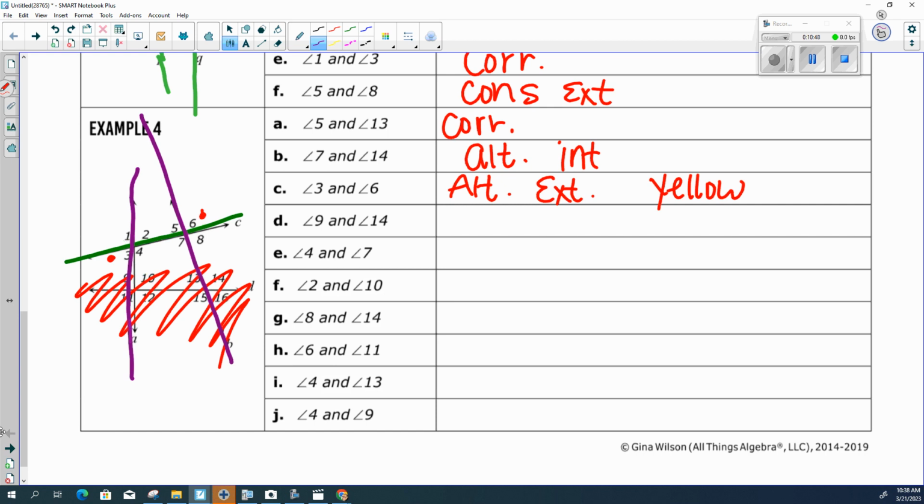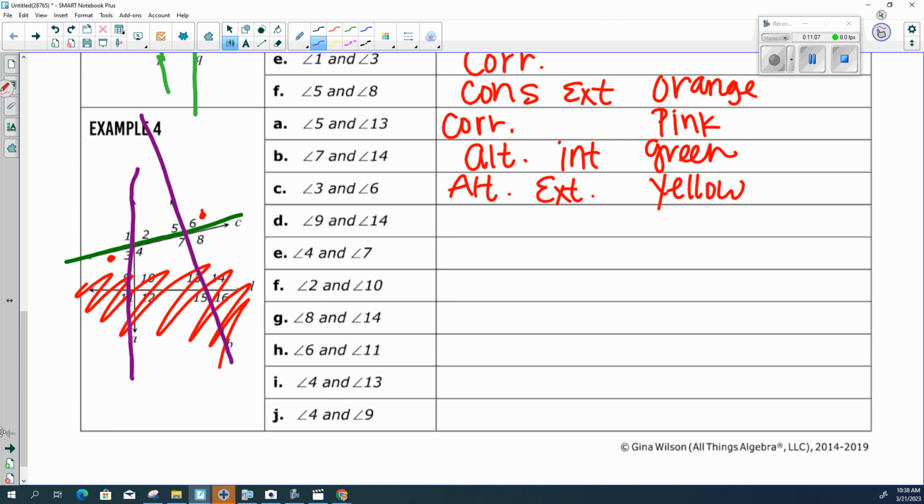If it's alternate interior, color it green. If it's corresponding, make it pink. If it's consecutive exterior, color it orange. And I don't have consecutive interior, but that one is light green.